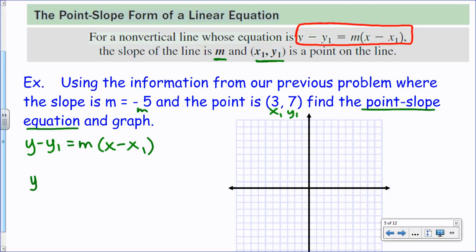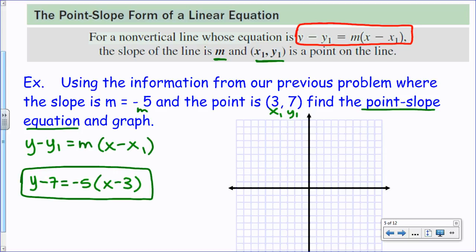So I have y minus 7 equals -5 parentheses x minus 3. So like when you saw the negatives in the form for circles, if you have a negative here in a formula, that means opposite. So that's your point slope form.